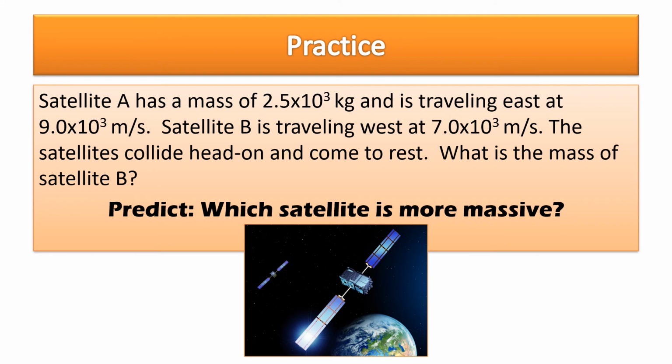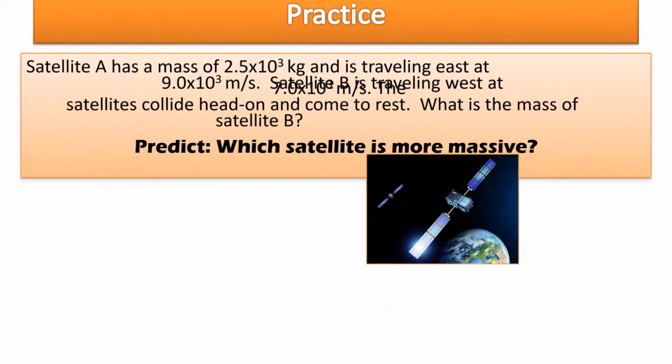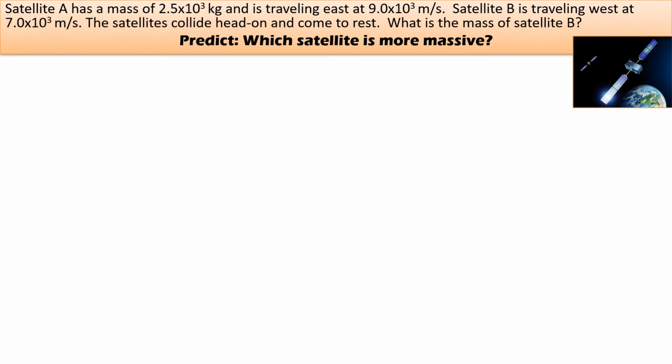Pause the video. Try it out. Okay, I'm going to try to make my prediction here. Which one is moving faster? Satellite A is moving faster, and they come to a rest, which tells me that the final momentum is 0.